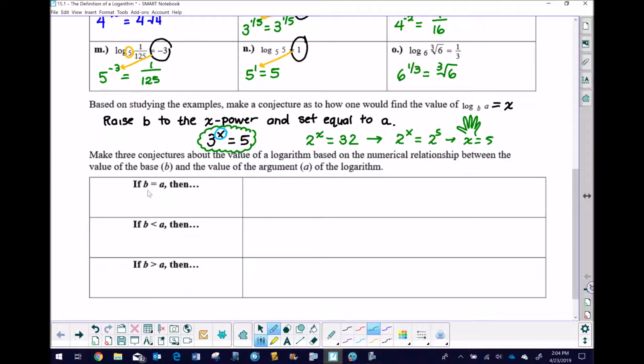So if b is equal to a, so for example, if we find the log base 5 of 5, what do you guys think? What power do you raise 5 to get 5? 1. Is that always going to be true? Is your answer always 1 if these two guys are the same? Yeah.